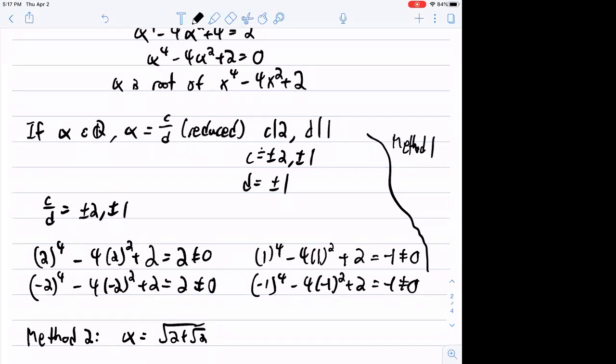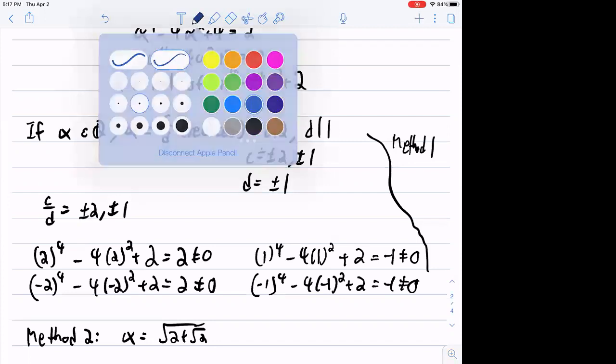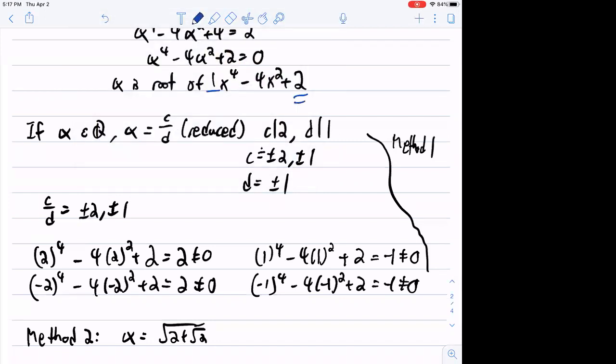What does the rational zero theorem say? It says if you are a root and you're rational, your C divides the constant term, and your D divides the leading term. The leading term here is 1. Oh, I see. So we're looking at the last constant term and the first leading term. Right. Gotcha. Thank you.